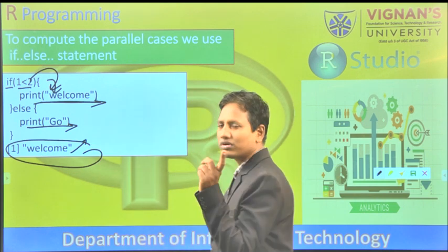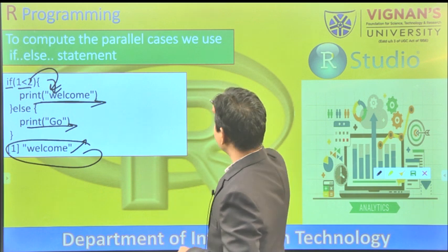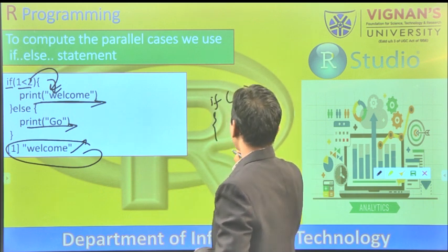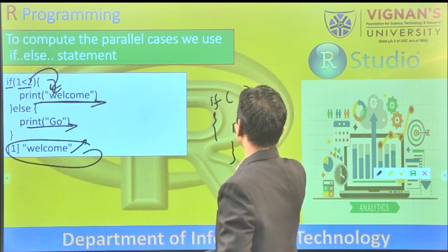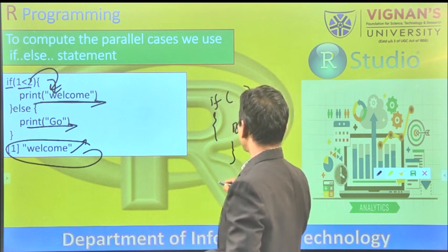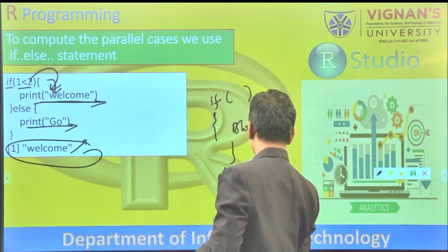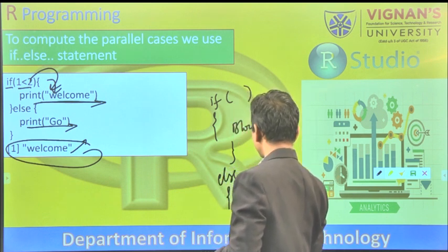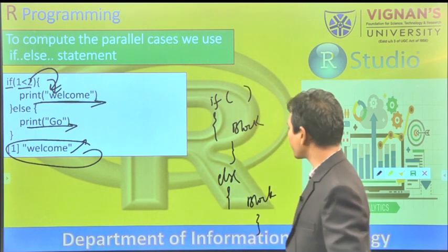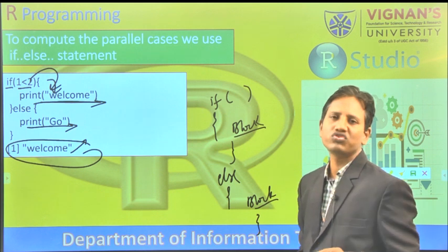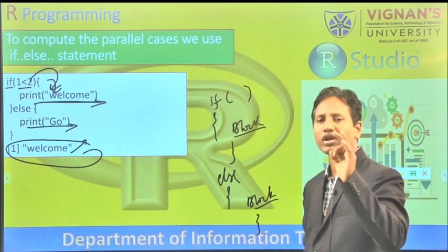And you have to remember the point that if the condition, this is the block, and else, this is the block. In these two blocks, only one is going to be chosen. This is the important point I have to remember.